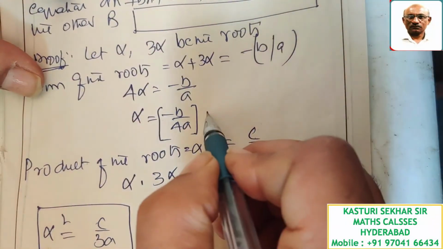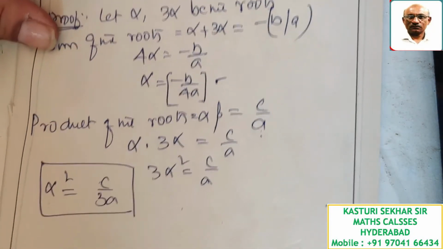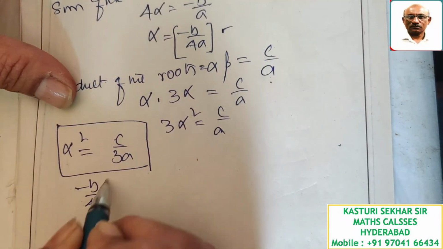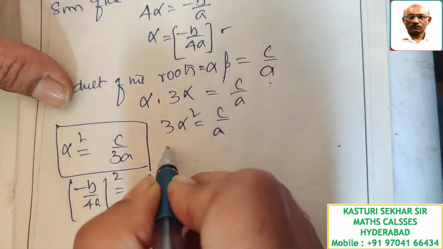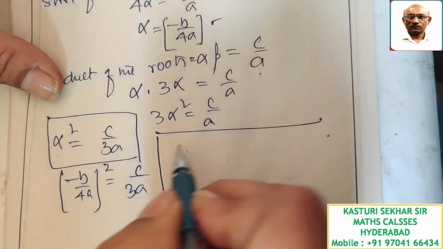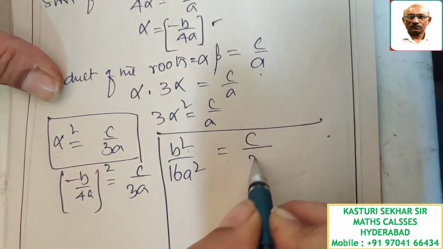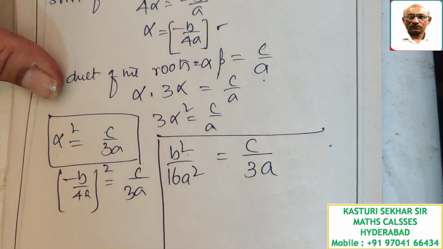Now I can replace alpha with minus b by 4a, sir. Minus b by 4a whole square is equal to c by 3a. So b square by 16a square is equal to c by 3a.